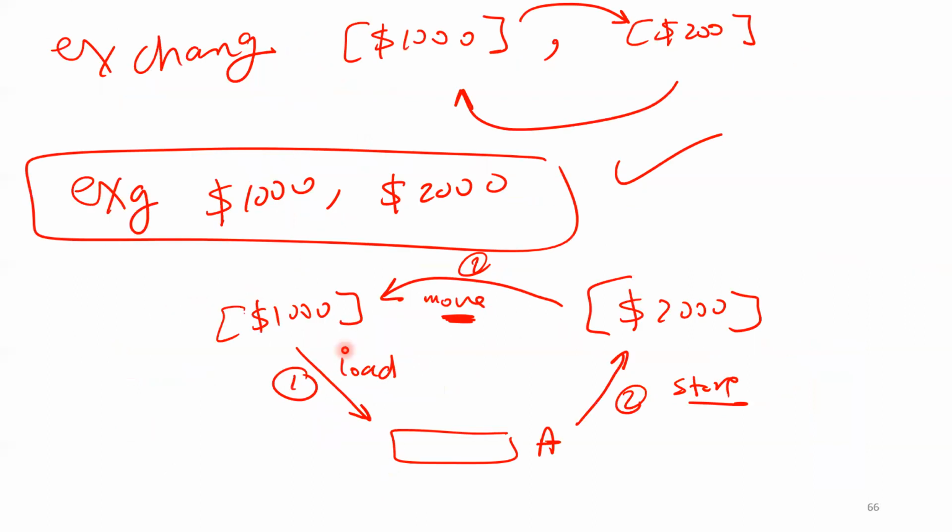Okay, I think in test one in one semester, I asked the students to exchange a byte at the memory location 1000 with a byte at the memory location 2000, whatever. Exchange a byte to byte.